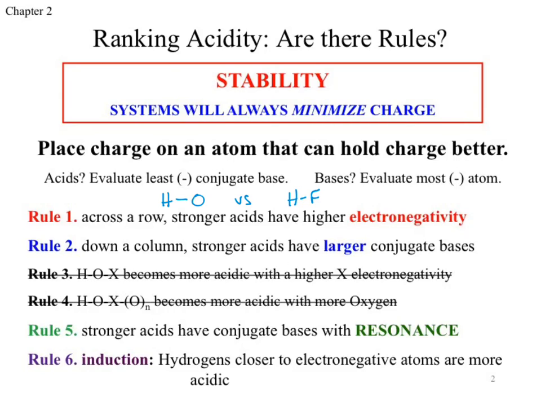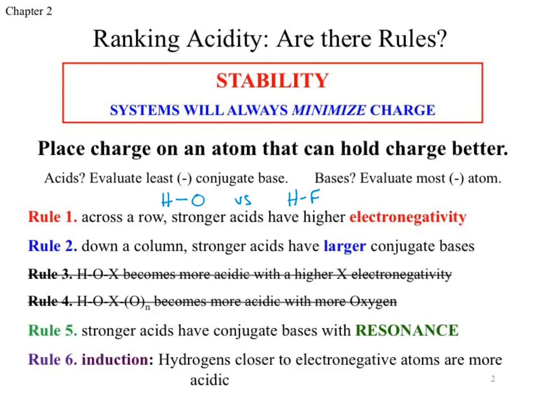Hydrofluoric acid, versus our HO, we're probably looking at water. Which one's the acid? The one that we call an acid. Okay. Why is HF the stronger acid? Fluorine is more electronegative than the oxygen. It draws the electron density away from our hydrogen, and we're looking at it being more acidic.